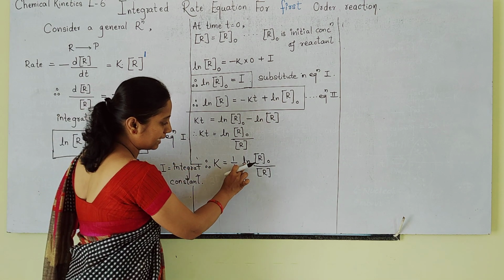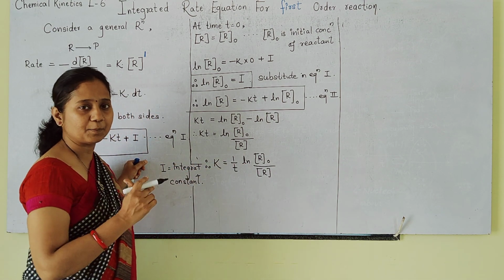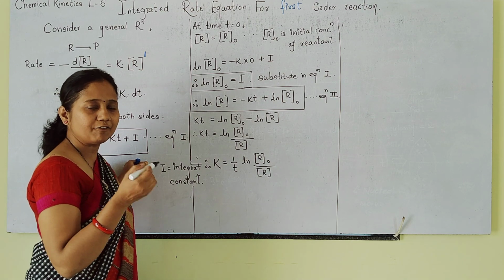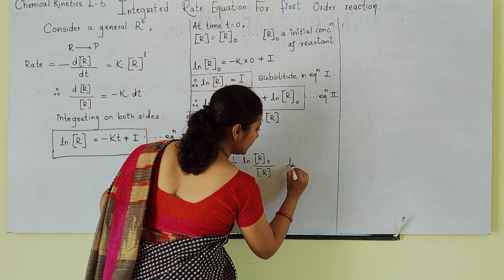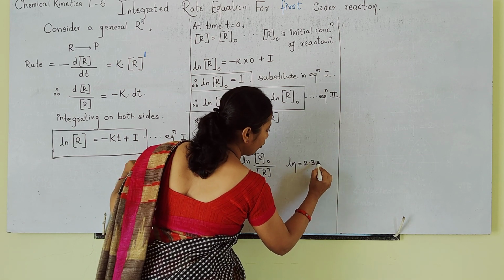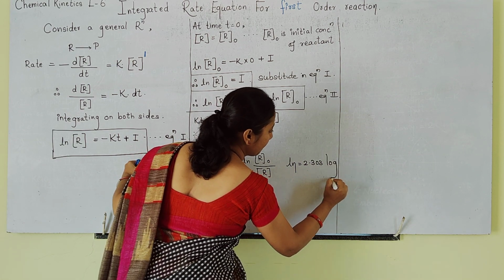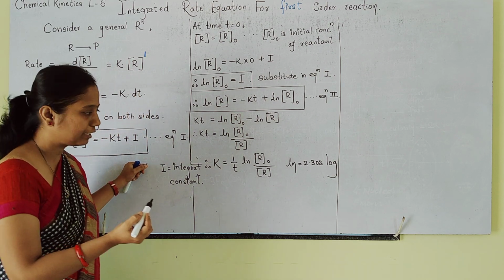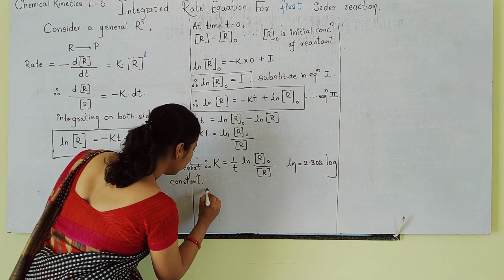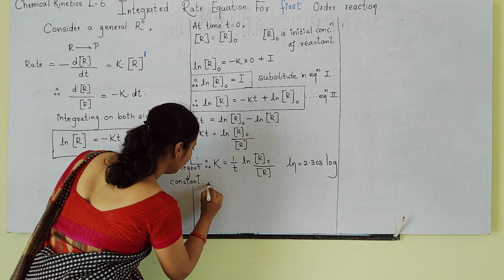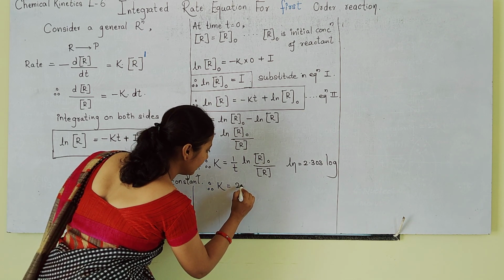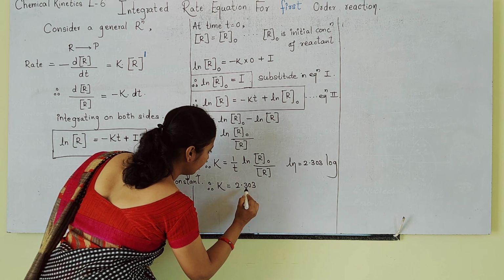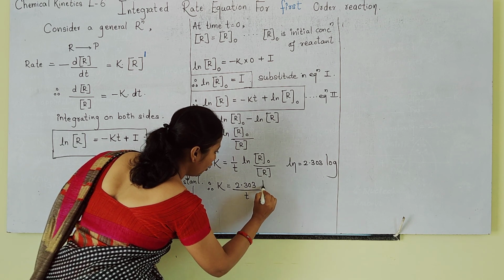But in this equation there is ln. Let us substitute log instead of ln. You know the relation, ln is equal to 2.303 log. Substitute and tell, students. Therefore, k is equal to what did you get? Instead of ln I am writing 2.303 log.